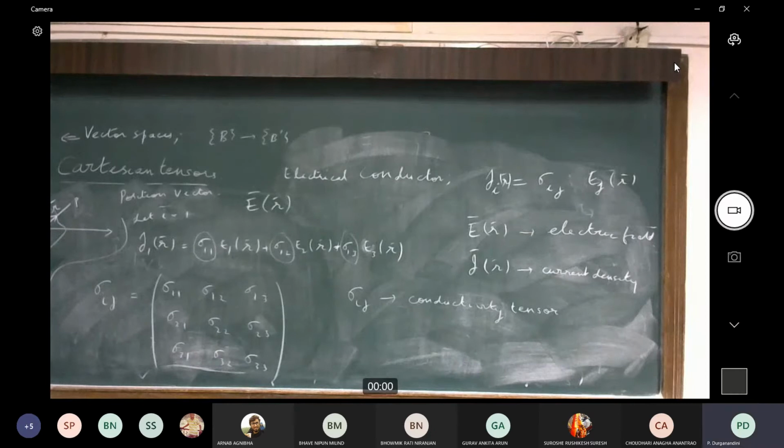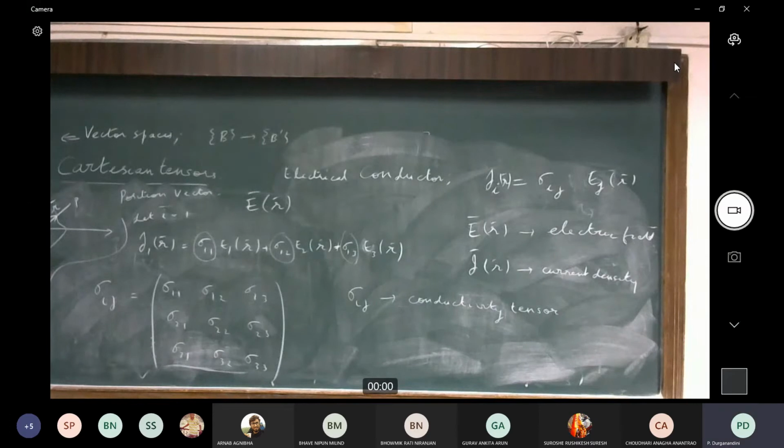When I say it's an isotropic conductor, what does one mean by that? J is the same in all directions.